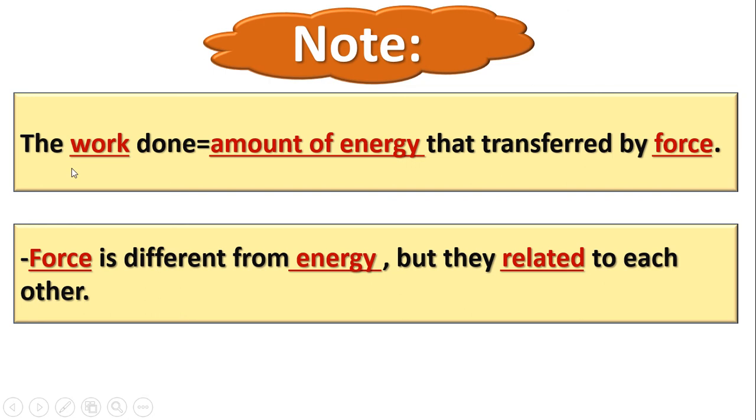What's the meaning of work done? The amount of energy transferred by you when you make a force. This is called work done. So the work done equals the amount of energy transferred by a force.